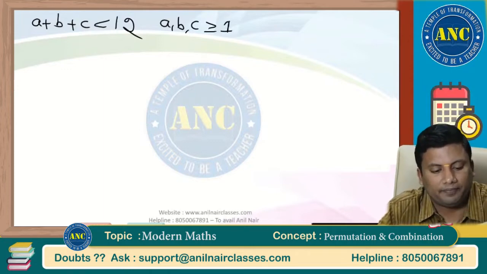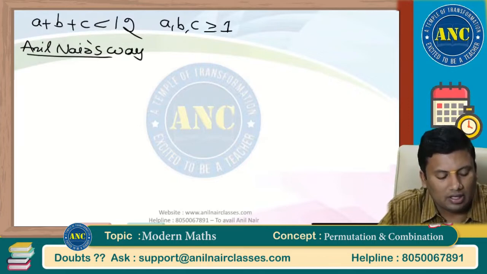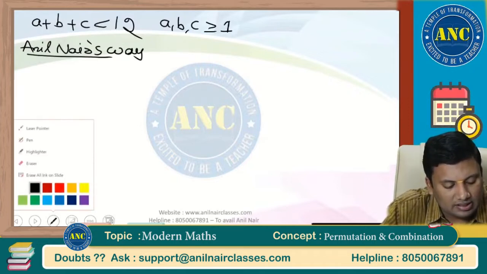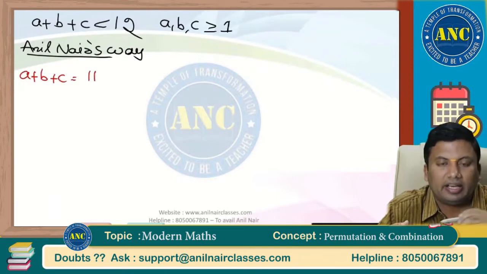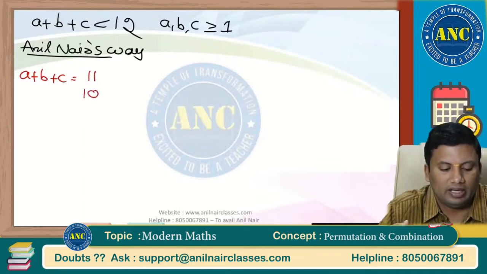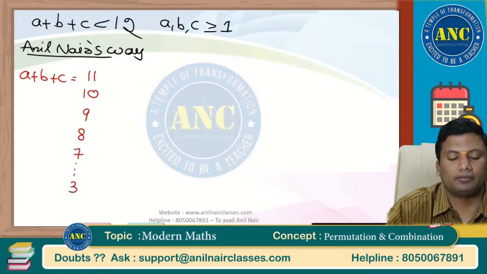Now see here, Anil Nair's way of solving, a single step answer. A plus B plus C is less than 12. Can I say the maximum value it can take is 11? It can take 9, it can take 8, it can take 7, and it can go on up to 3.